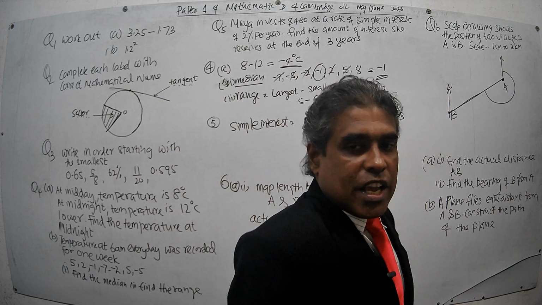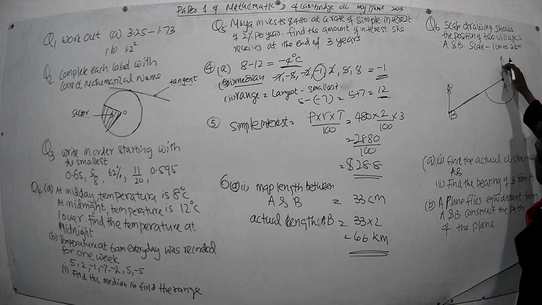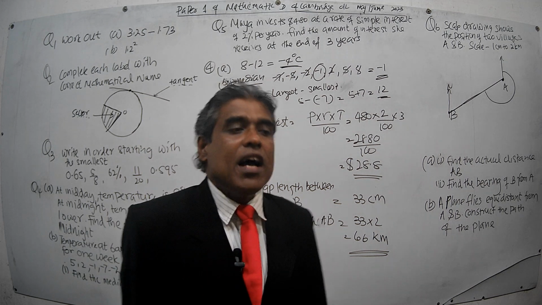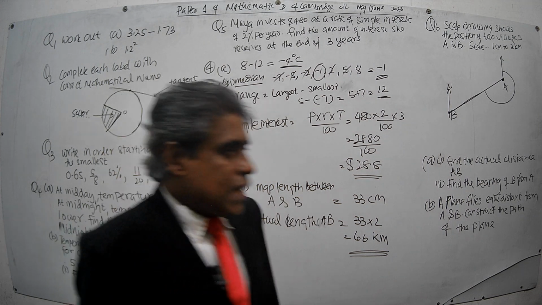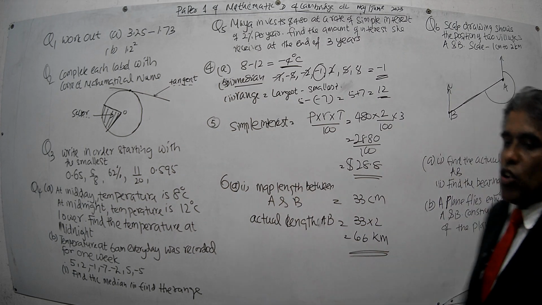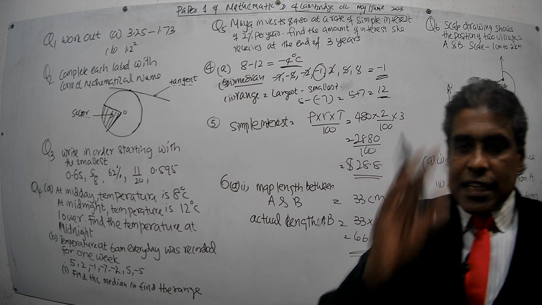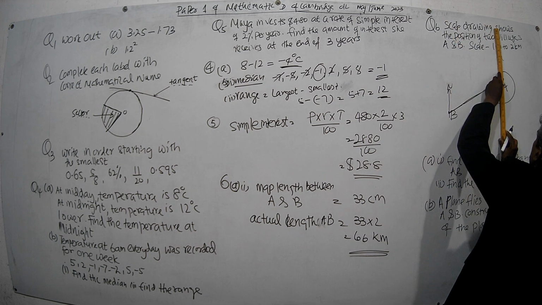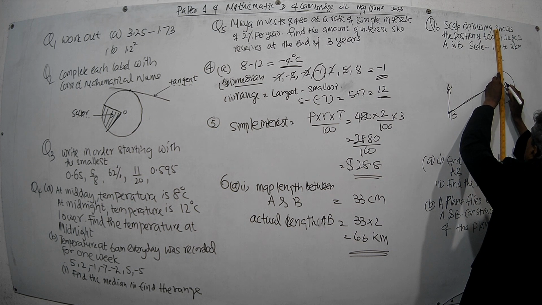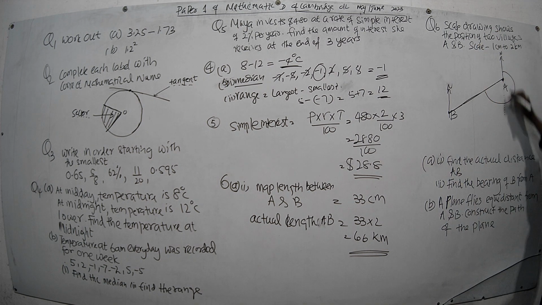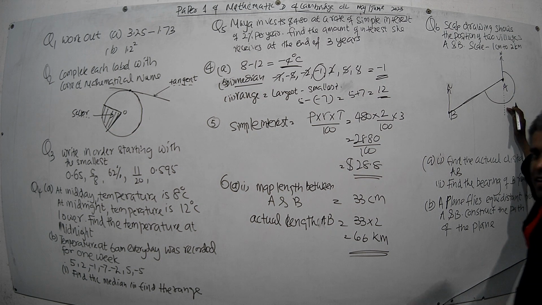Because we have measurements only up to 180 degrees in our protractor, in one attempt we can measure only angles up to 180 degrees. If you draw this line north like this and measure this angle, that is 180 degrees.